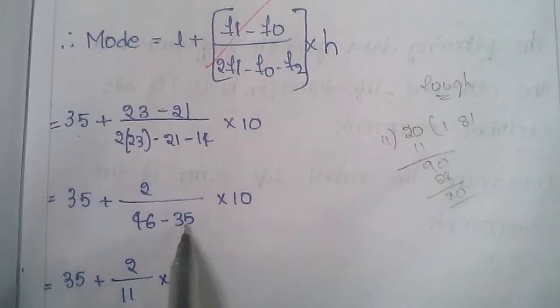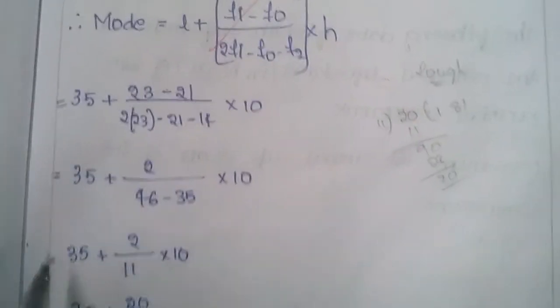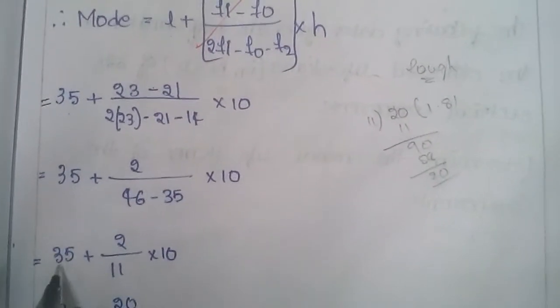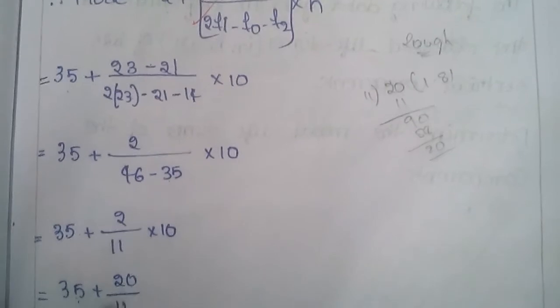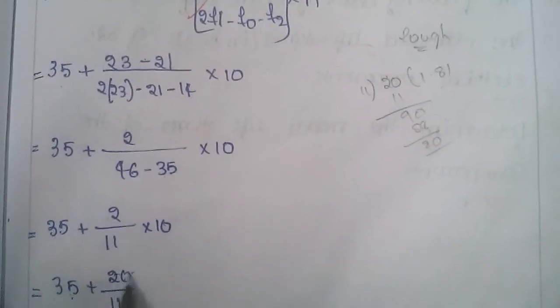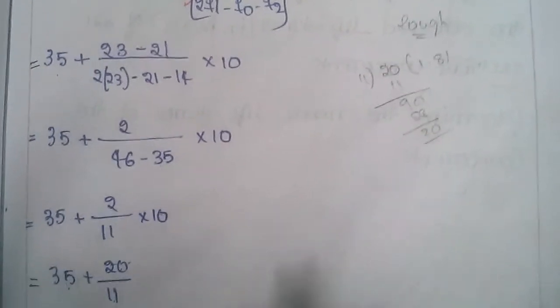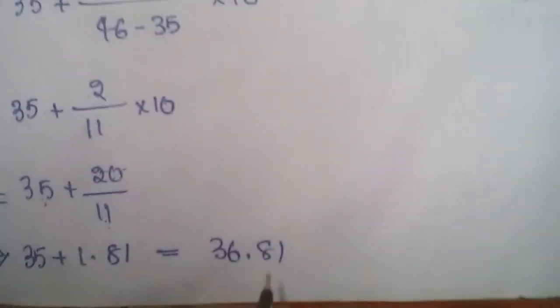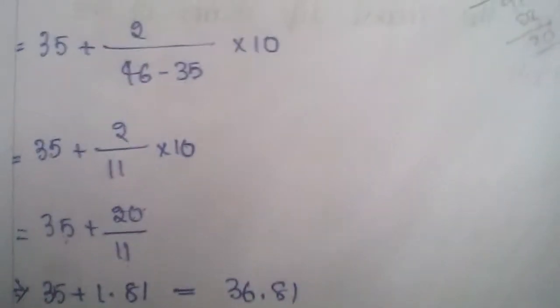So 46 minus 42, 2 into 10, 20. 20 by 11 will get 1.81. So 35 plus 1.81 is equal to 36.81.